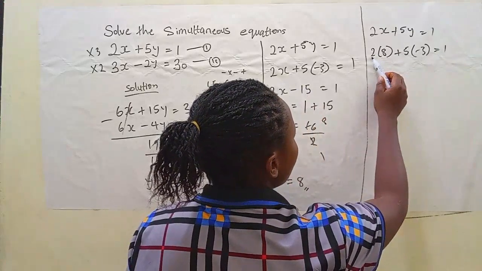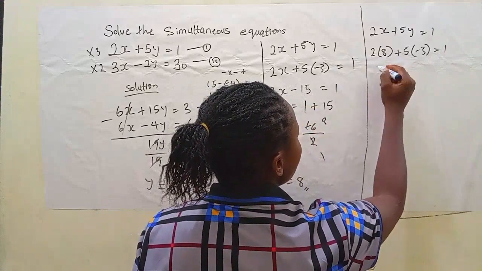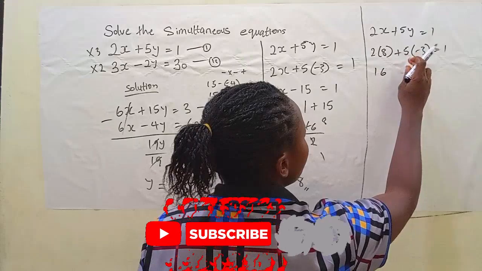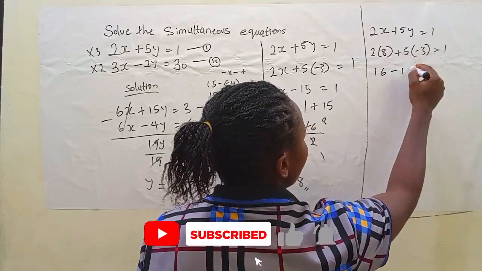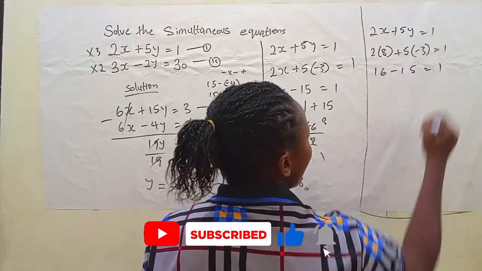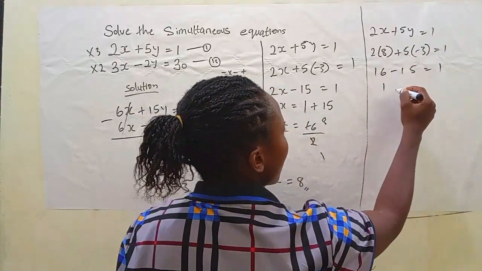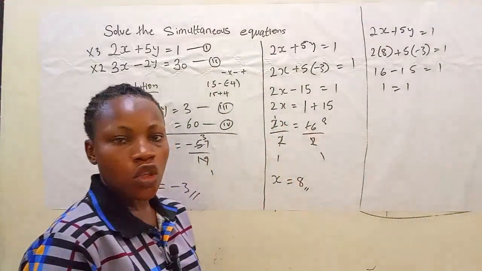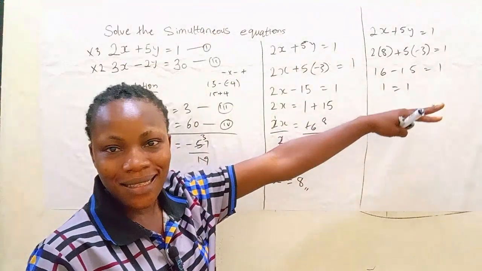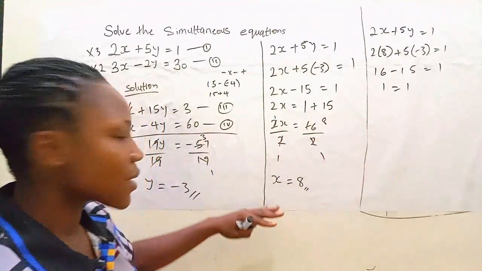So we're going to have this times this 16, this times this minus 15 equals to 1. You see, this minus this is 1 equals to 1. So we're able to get 1 as the answer. Alright, that means this is right.